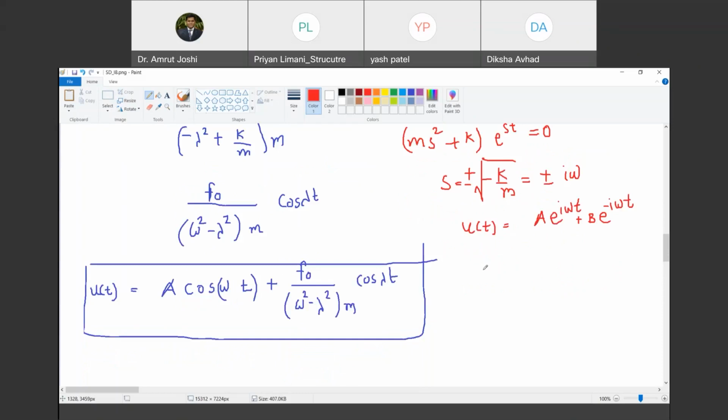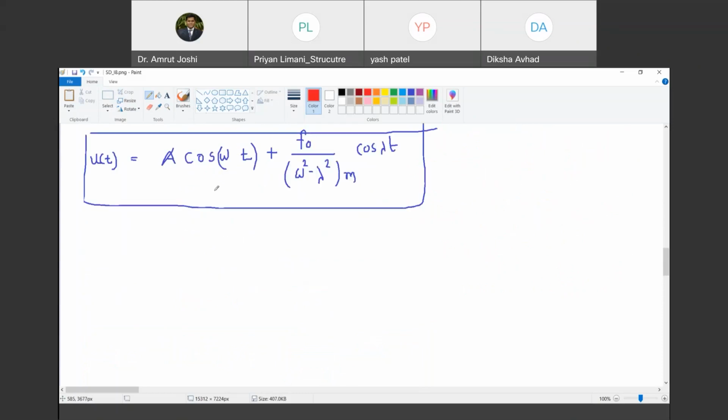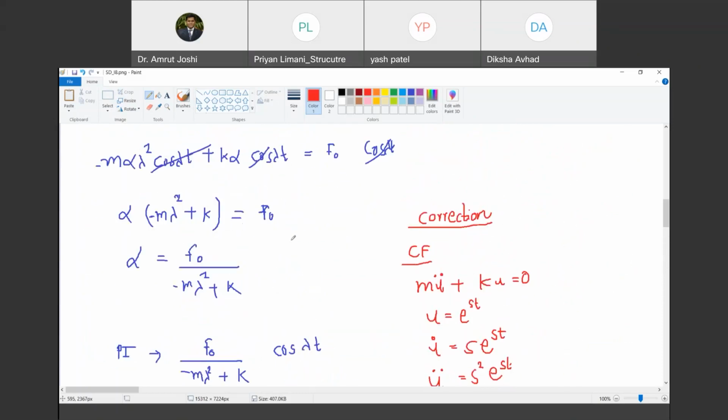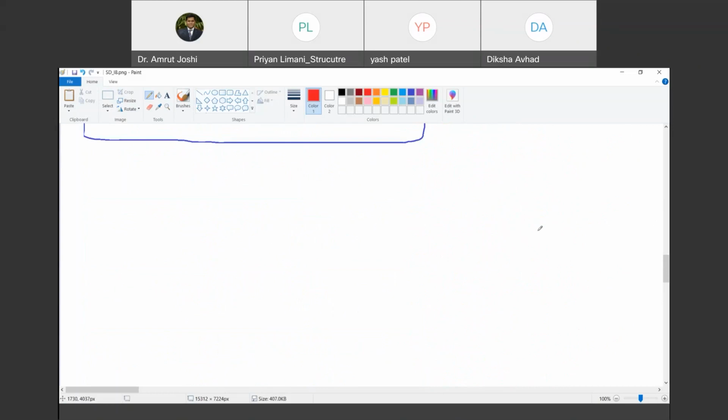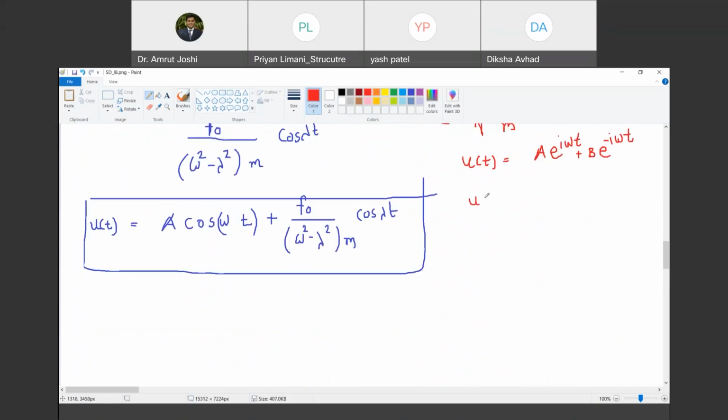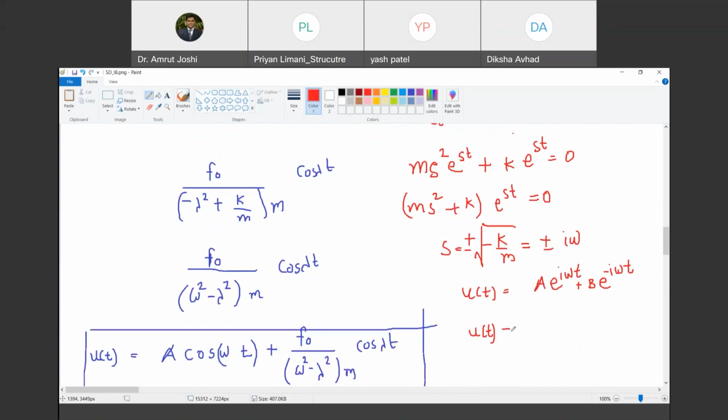I am just repeating it so that we have a grasp over it, and we did make a mistake here, so that should not happen. So let us do the correction once again. This is a correction. Complementary function is this. Now let me write this complementary function in longhand. What is e raised to i theta? It is cos theta plus i sin theta.